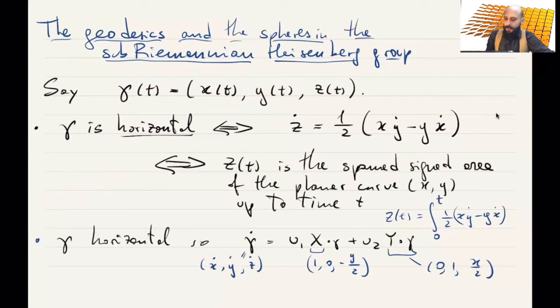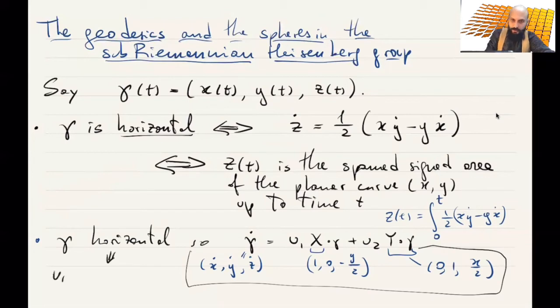So you see, this equation now tells you what u1 and u2 are: u1 is equal to x dot and u2 is equal to y dot.